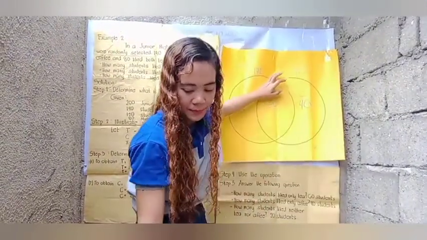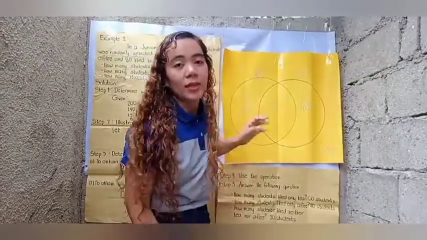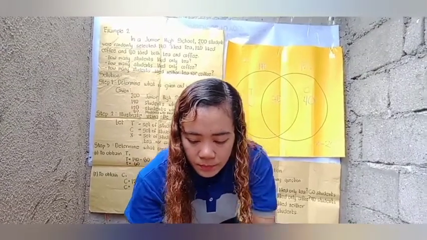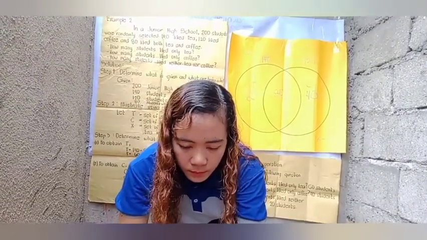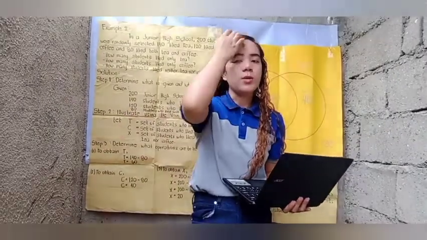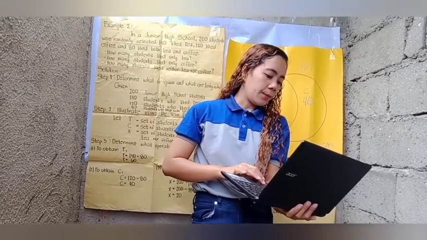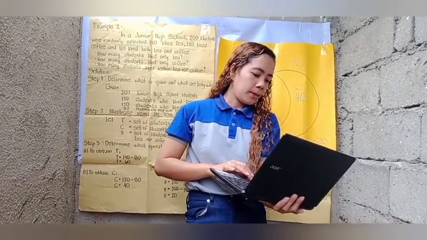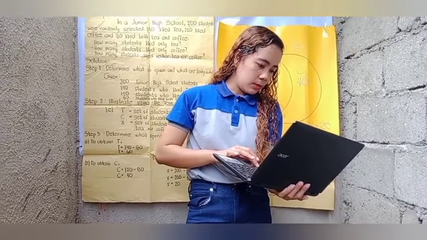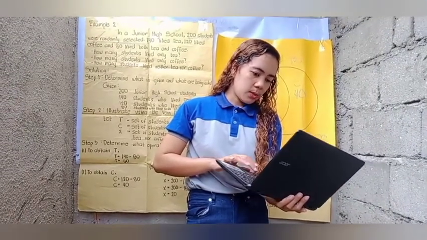Okay. Let's see. Gagawa tayo ng activity. So, yung activity natin is I want you to group yourselves into 3. Divide the class into 3 groups. And then, what you're going to do is here. So here is the group activity, find me.